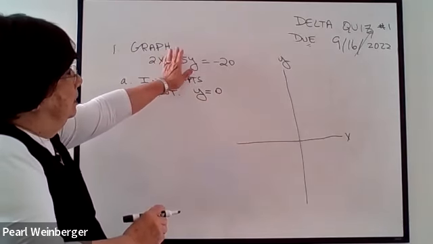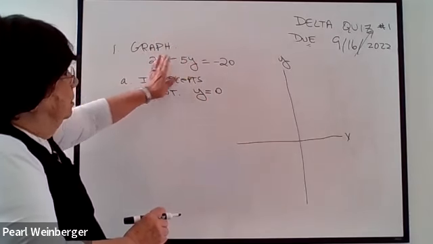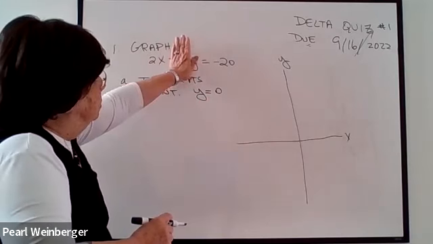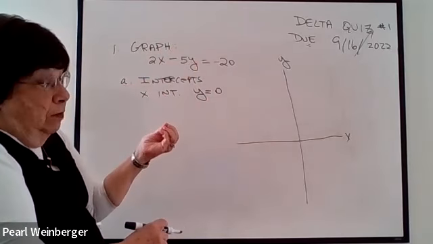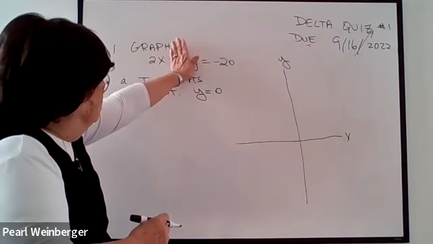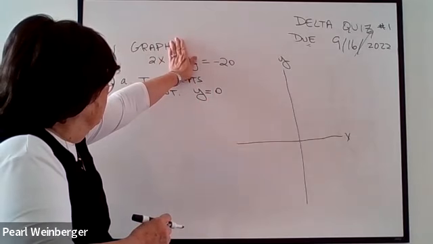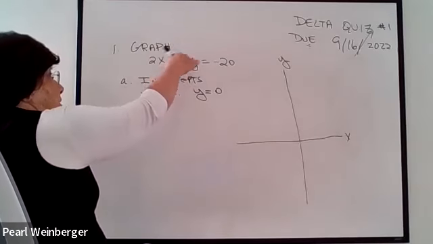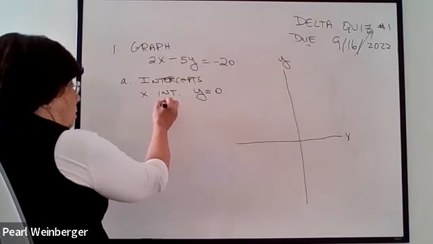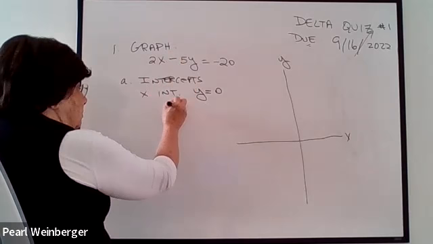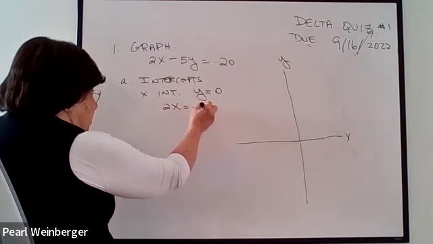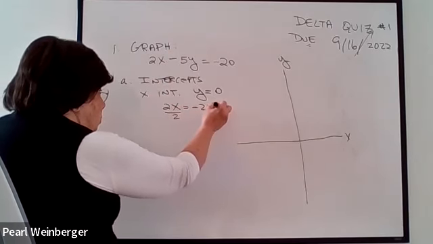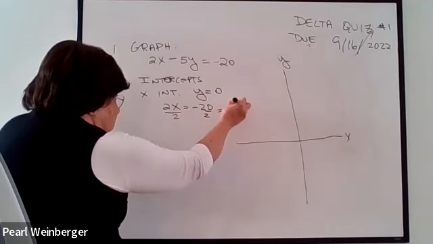Now that really is quite easy, because anytime a variable turns out to be 0, no matter what it's being multiplied by, it basically disappears. So if the y is disappearing because it equals 0, what we're left with in that case is that 2x equals -20. And when we divide by 2, we get that the x is -10.